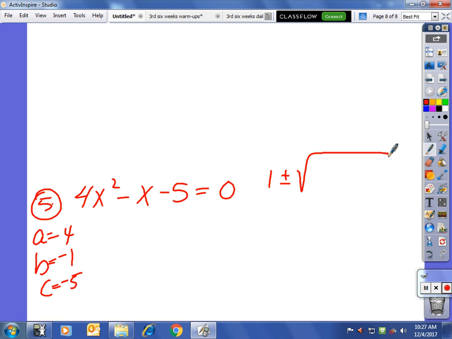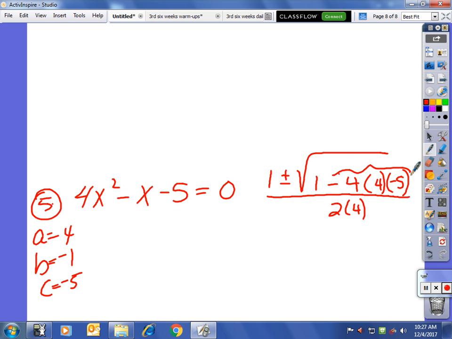Well, negative 1 squared is positive 1 minus 4 times negative 5, all divided by 2 times a, or in this case 2 times 4. Again, look out for your signs. Look at the cluster at the end inside this radical symbol. What is negative 4 times negative 5 going to become? A giant positive 80.